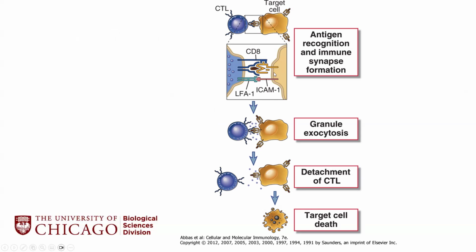And then you get this adhesion between the MHC that's displaying a piece of the virus, the T cell receptor, the co-receptor CD8, and then this integrin ligand that will hold this stable and close. Once that happens, it can release these granules, and then it will target this. The cytotoxic lymphocyte can detach, and the target cell will die.